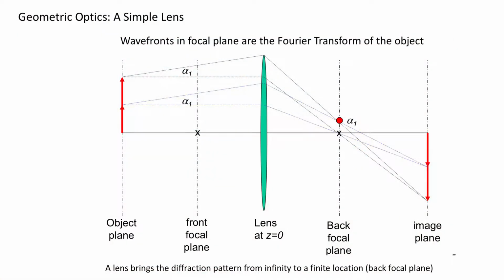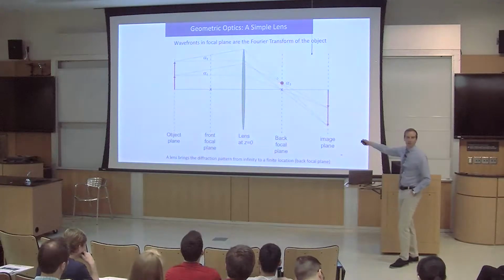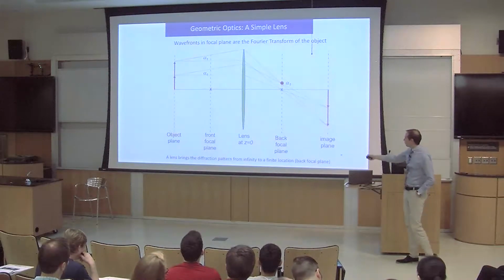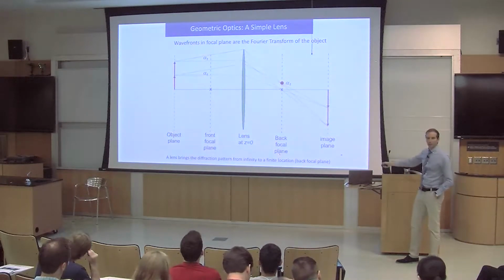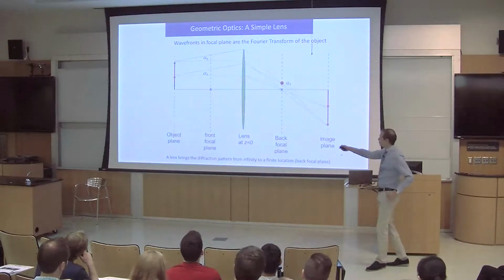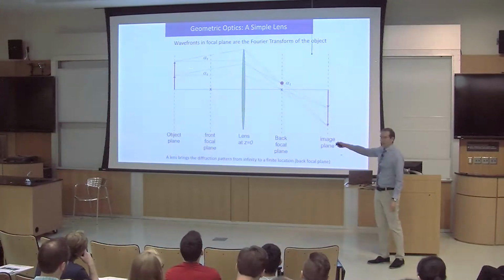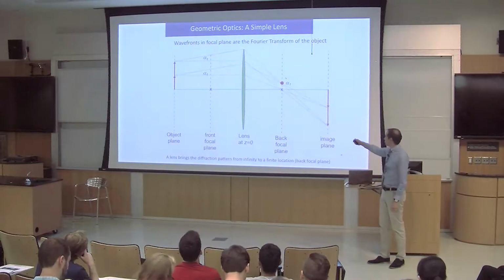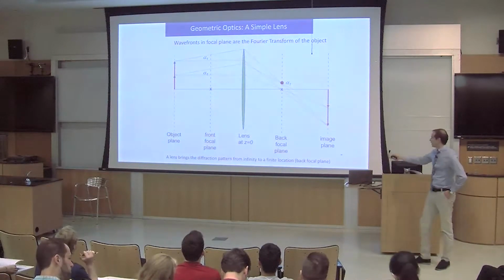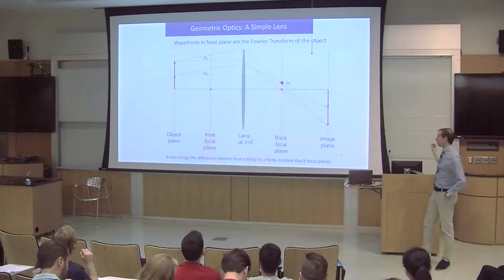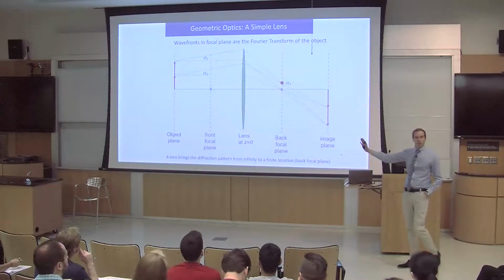If rays come off at a particular angle, say alpha, those get mapped to a different position. So this plane where the angles are being mapped to a particular location is our back focal plane. So a lens can be used to map particular angles to positions. And what this effectively is doing is bringing our diffraction pattern from infinity into the back focal plane.